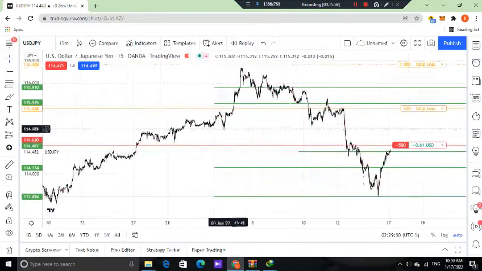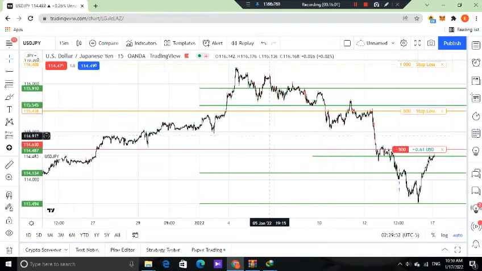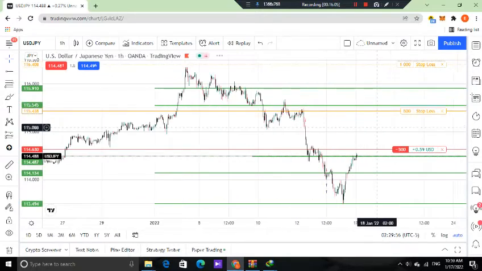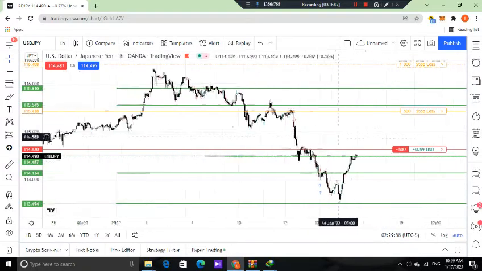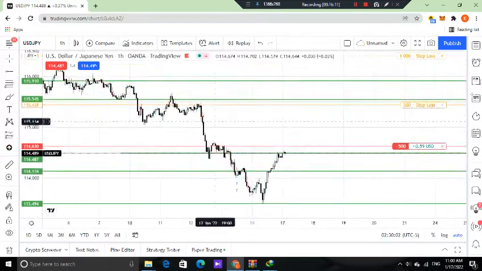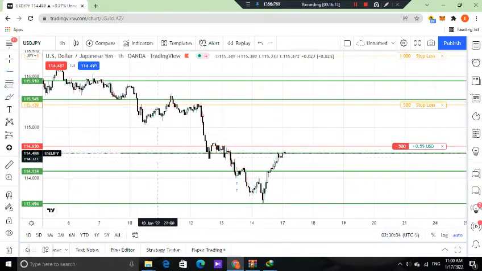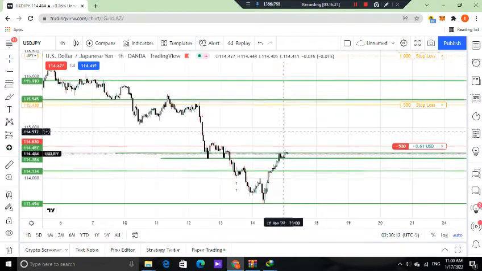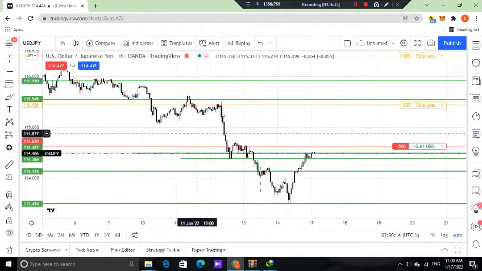You can also use these levels as support resistance. They can be a big help. For example, you have resistance here. You could determine it obviously by price action. This is price action, of course, but by just looking at it, you could realize and conclude that.